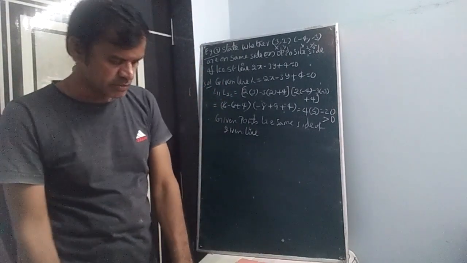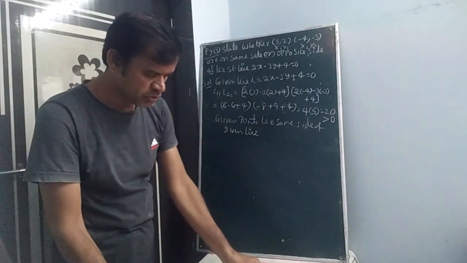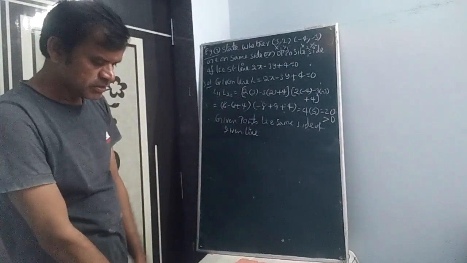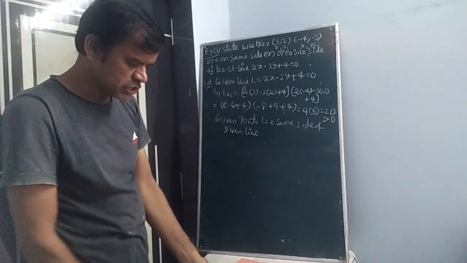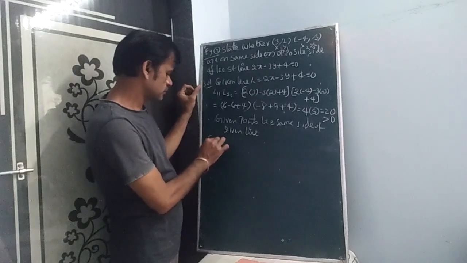Let us find the ratio he is asking: find the ratio in which the x-axis and y-axis divide the line segment AB. Let us write a formula.